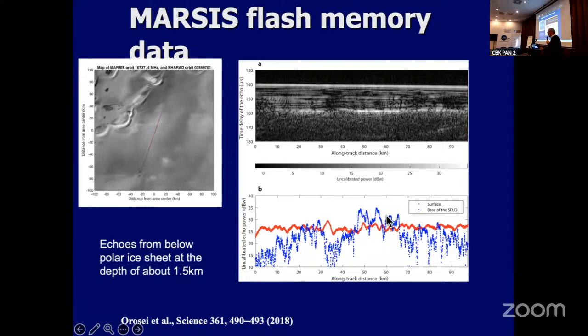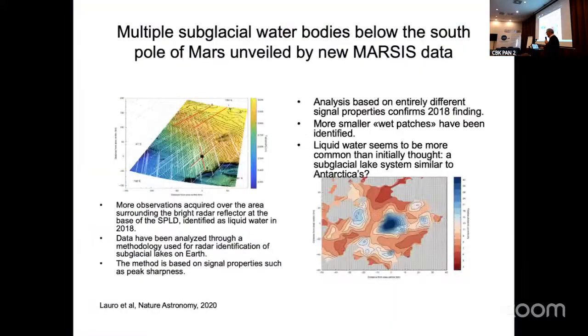This is the surface, and this is the echo coming from below the surface. It was interpreted as the signal reflected by water, because the dielectric constants determined here are about 20.